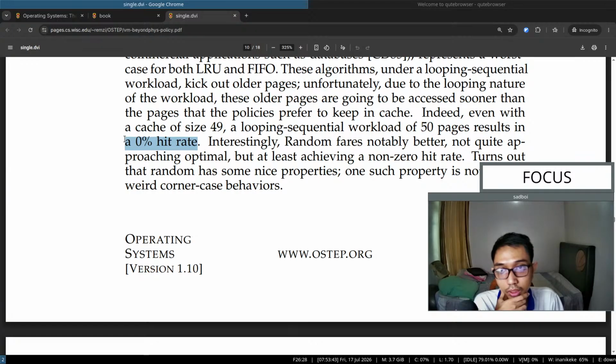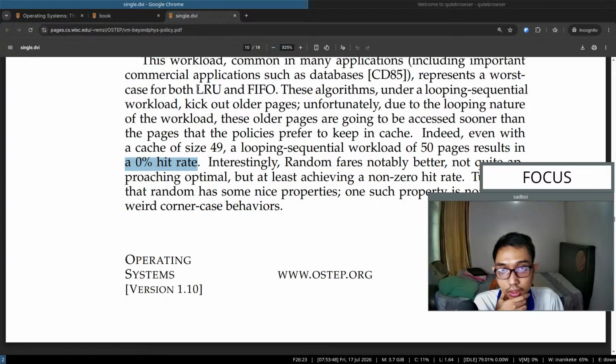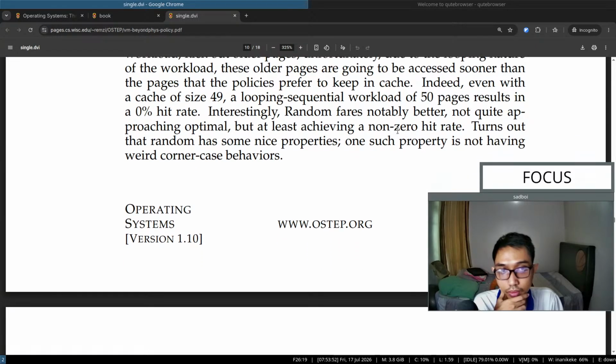We have a 0% hit rate for the least recently used and first in, first out policy, and then a non-zero hit rate for random. Well, maybe we are just lucky, you know. That's why we have a non-zero hit rate. Turns out that random has some nice properties. One such property is not having weird corner case behavior.